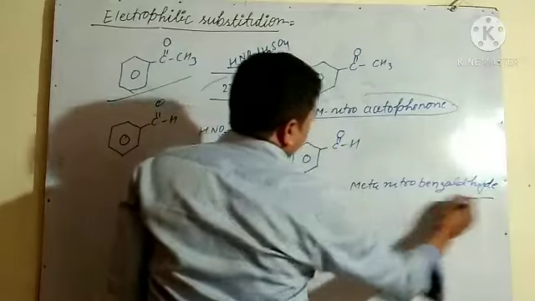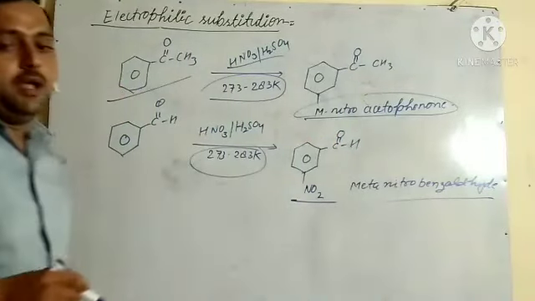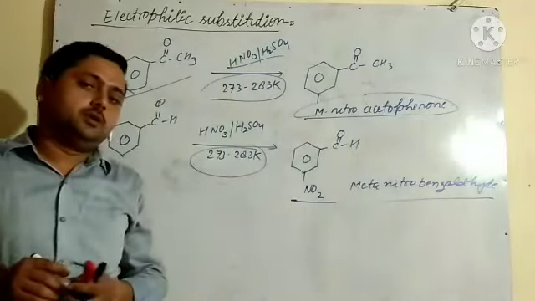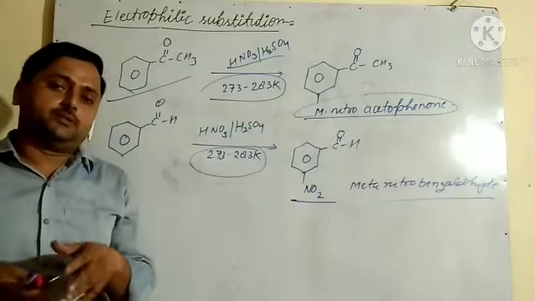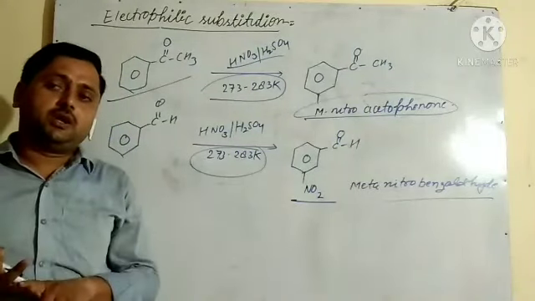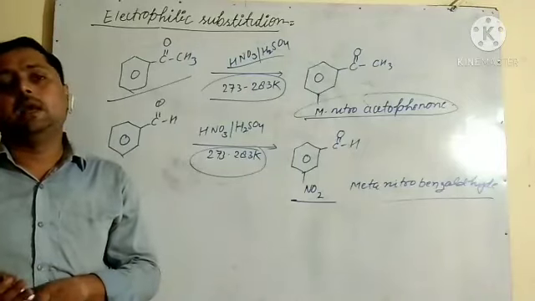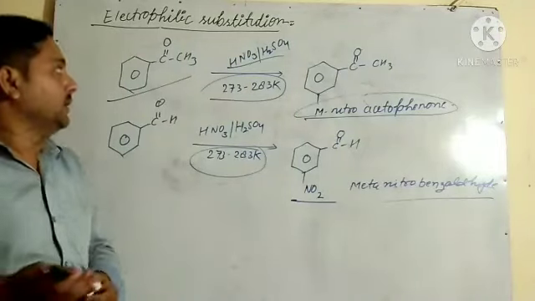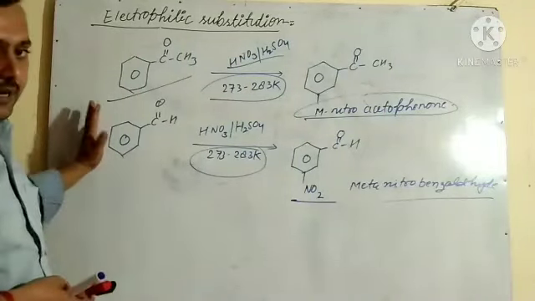So these are the products. Means aldehydes and ketones both show electrophilic substitution in the benzene ring, in which the carbonyl group acts as a meta-directing group.